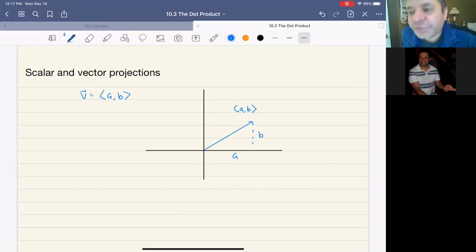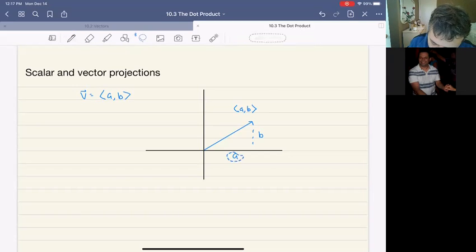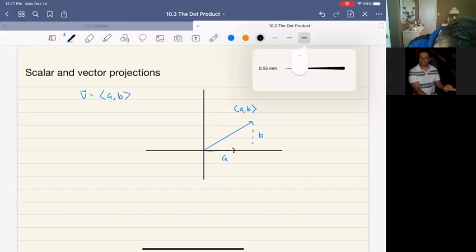Okay, so one of the things that I want you guys to really keep in mind is that if I think about this, let me do that in a thicker font, different color.